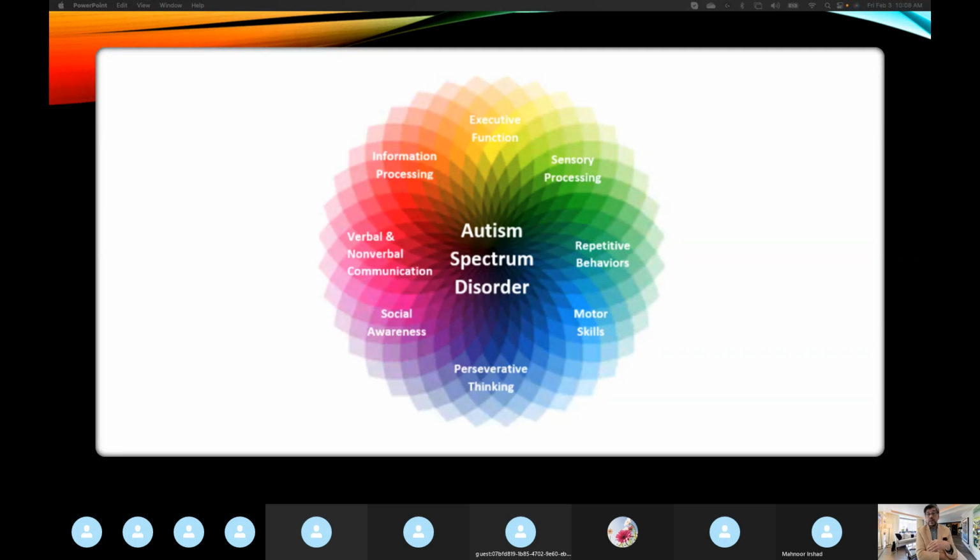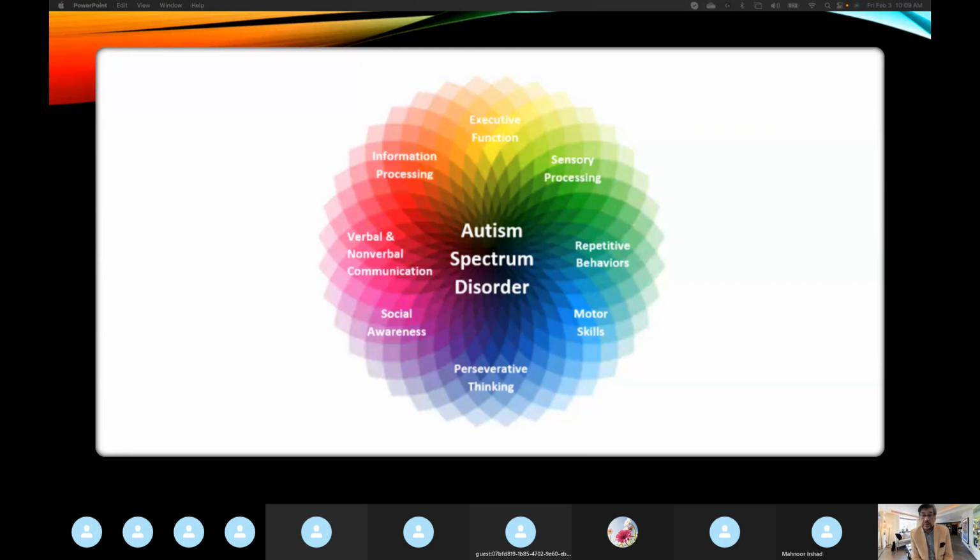Autism spectrum disorders affect the executive functioning, the sensory processing, repetitive behaviors, and the motor skills are compromised. Then there is preservation of thought process. Although the communication is very much compromised and we are not able to elicit the thought process, in most situations, when the thought process is assessed indirectly, it is considered to be okay.